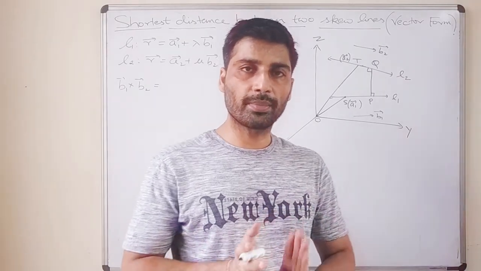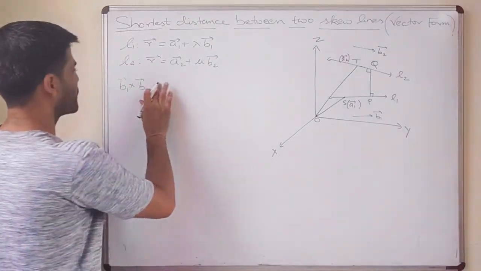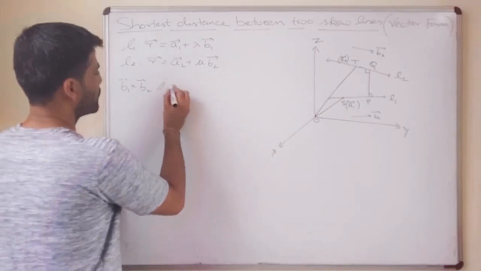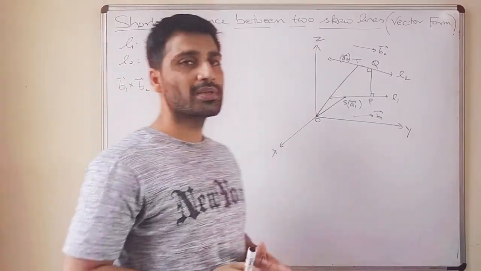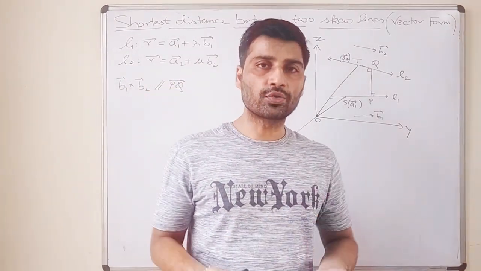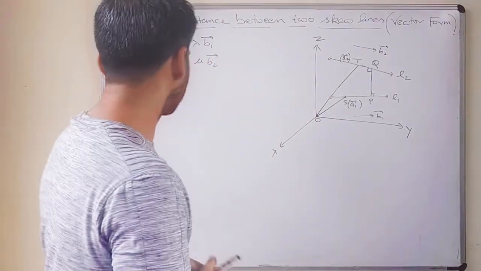So their cross product will be perpendicular to both of them. So we can say that b1 cross b2 is parallel to vector PQ, because PQ is assumed to be perpendicular to both the given lines L1 and L2.